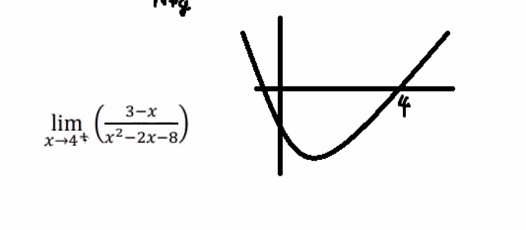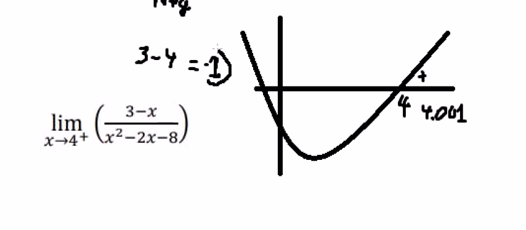So 4 on the positive side should be here. And we know that 3 minus 4 gives you negative 1. If we put in 4.001 something, this one will go near negative 1, and this one will go near 0. Negative 1 divided by 0 here, you get negative infinity.